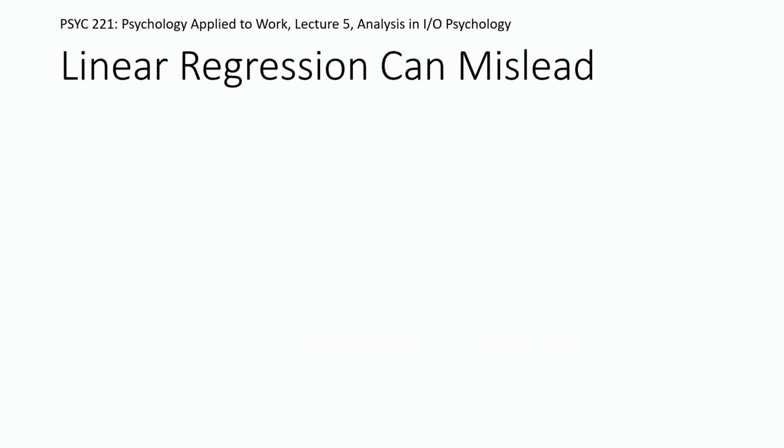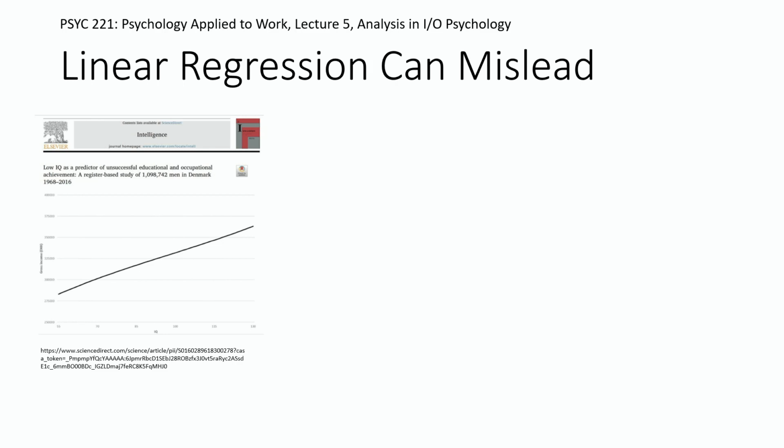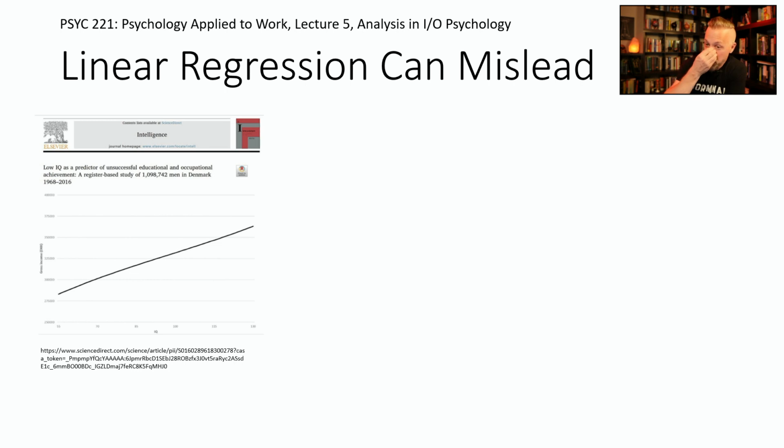So how does that manifest sometimes in actual publications? So this publication is a correlation between performance and IQ amongst some people in Denmark over several years with 1 million different people. And you look at that, and that's IQ on the x-axis, and that's an aggregate sort of measure of performance.